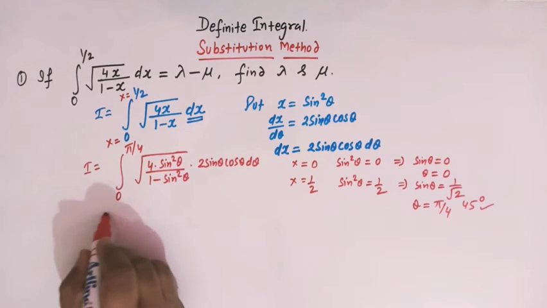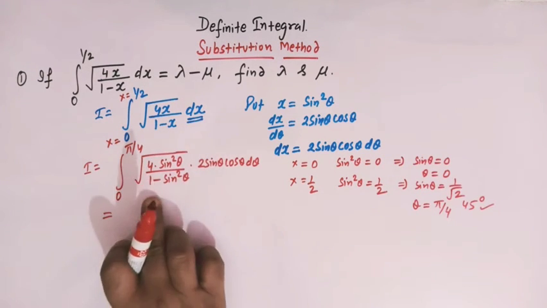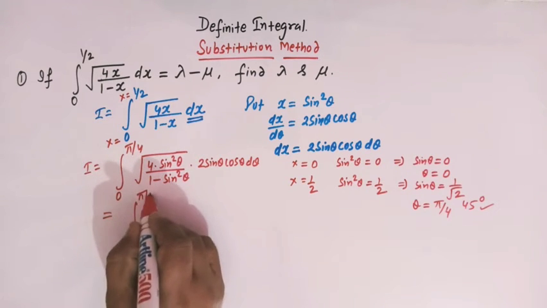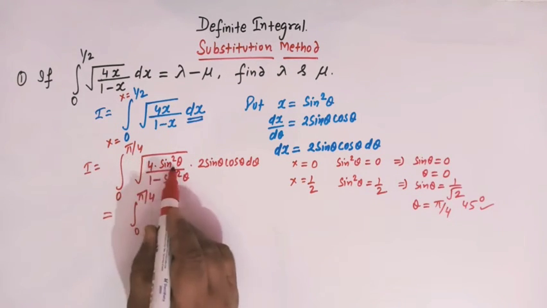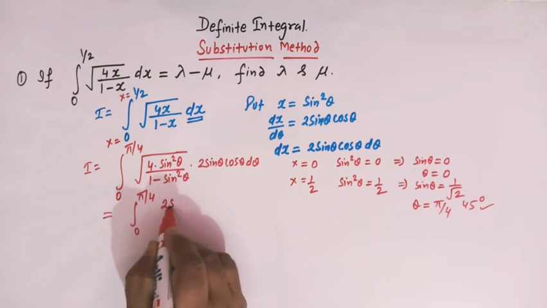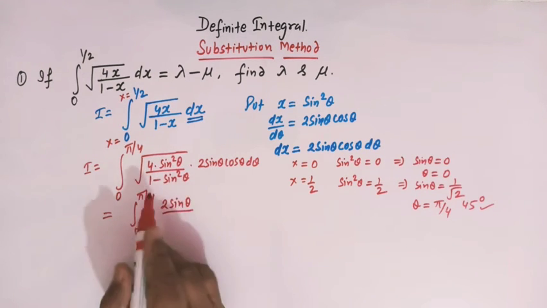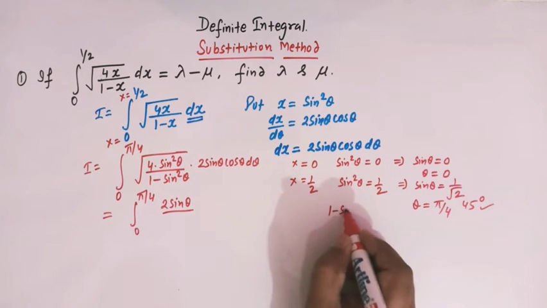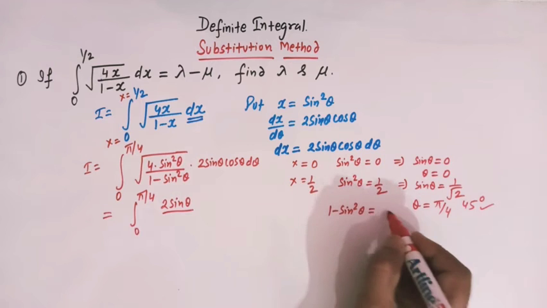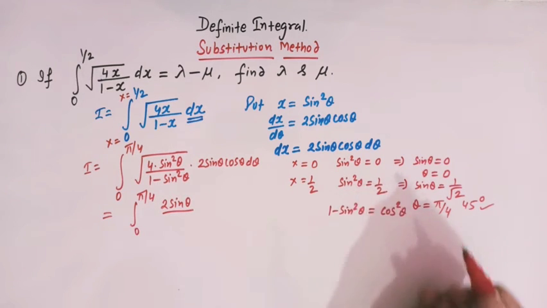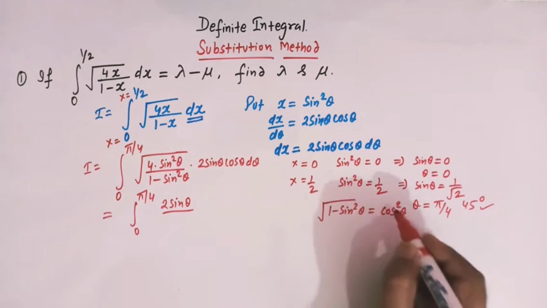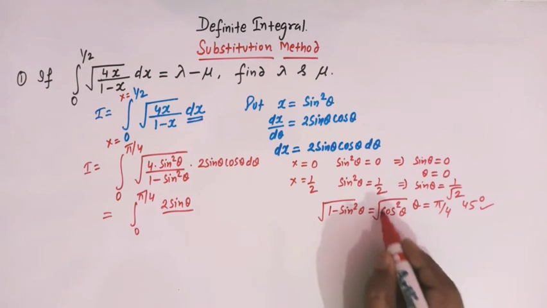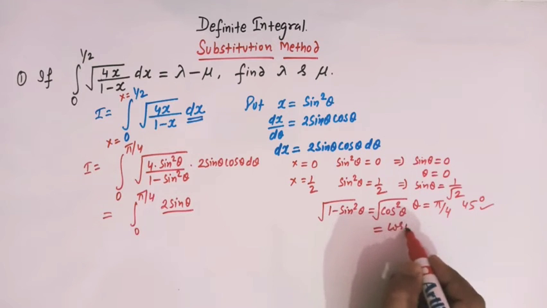Now we can simplify this expression using some rules from trigonometry. The square root of 4 sine square theta is 2 sine theta, and in the denominator we have the square root of 1 minus sine square theta. 1 minus sine square theta is equal to cos square theta, and the square root of cos square theta is equal to cos theta.